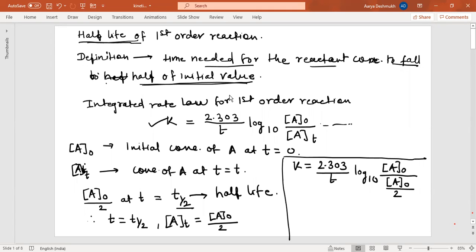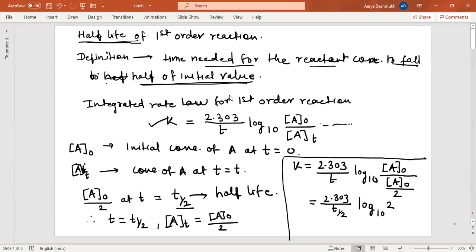Now you can simplify this further as 2.303 divided by, now instead of t you can write t half, and if you simplify this, you will get log to the base 10. So A_0 will get cancelled. Log 2. So log 2 is nothing but 0.3010.